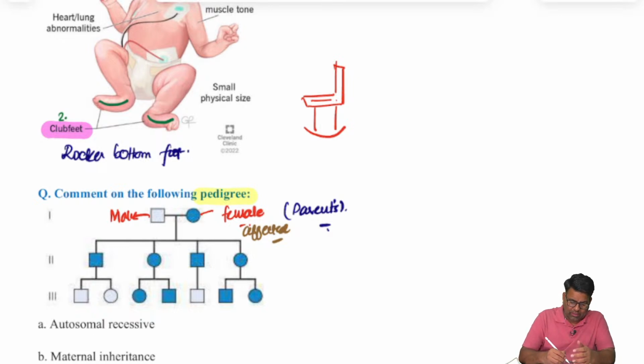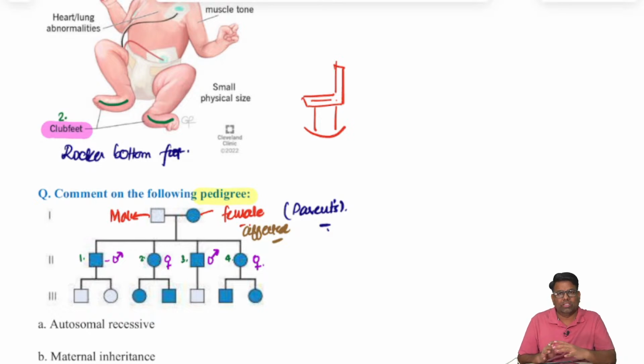Now what we can see here, this couple has 4 children. So first, second, third, fourth, and we can see that all the children are affected. This is male affected, female affected, male affected, and female affected, right? So in the first generation, all the children were affected.